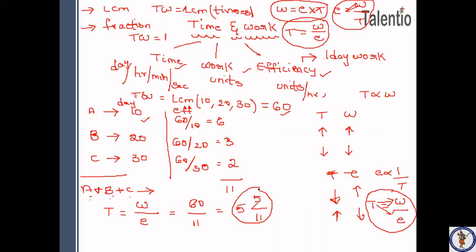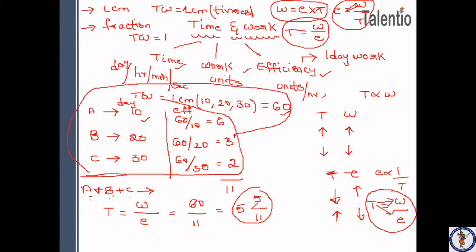And remember, in time and work, finding the total work and finding the efficiency is common in each and every question. After this, whatever they're asking, based on that, we have to solve the question. Clear? It is the only main concept of time and work.